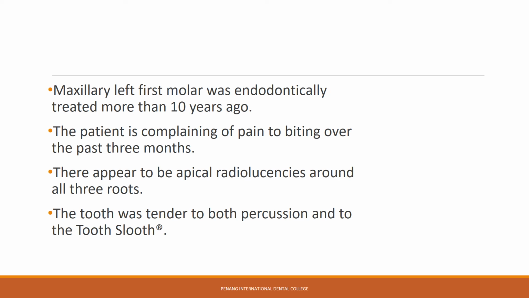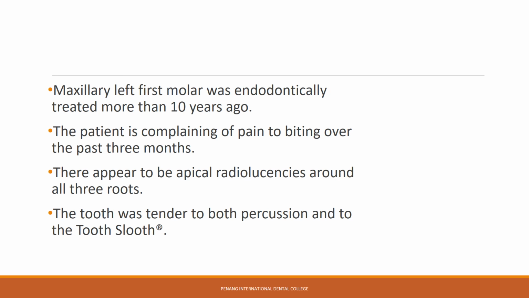Let's look at the complete description. The patient is now complaining of pain on biting over the past 3 months. So there is inflammation at the periapical area, and the description says there appear to be apical radiolucencies around all three roots. Inflammation is there, pain on biting is there, and there is evidence of apical radiolucencies. The tooth was tender to both percussion as well as palpation.